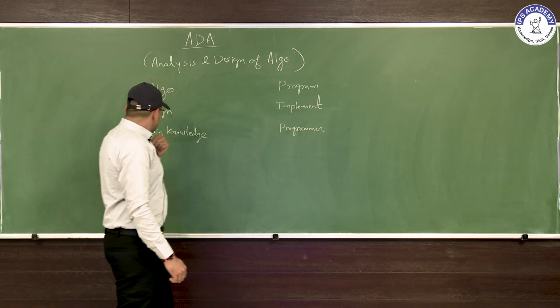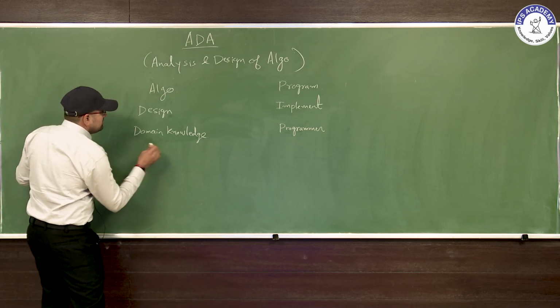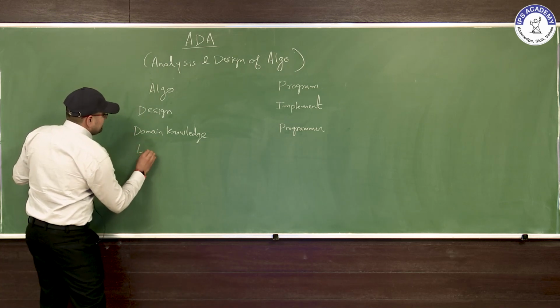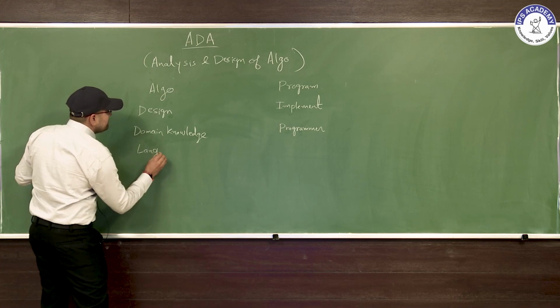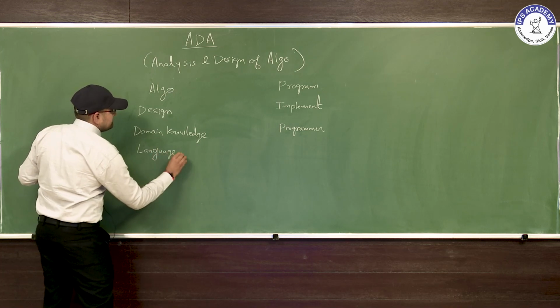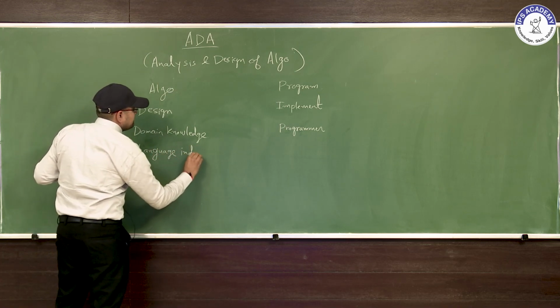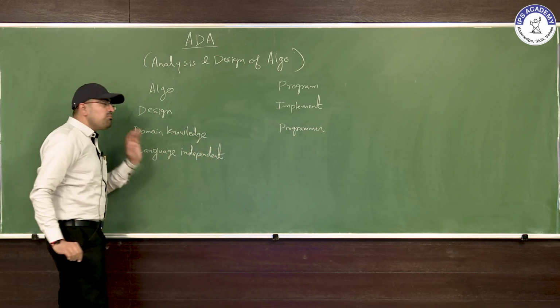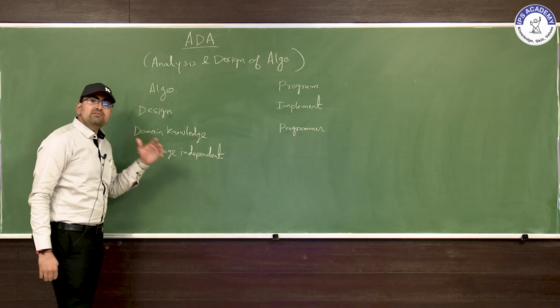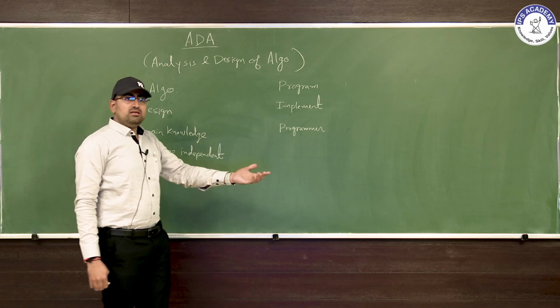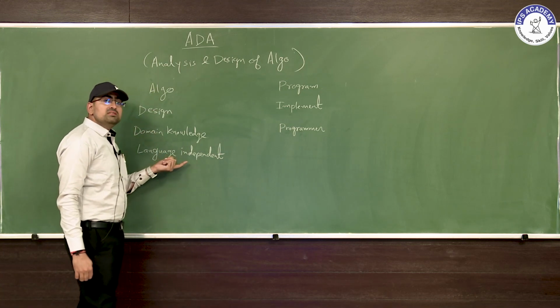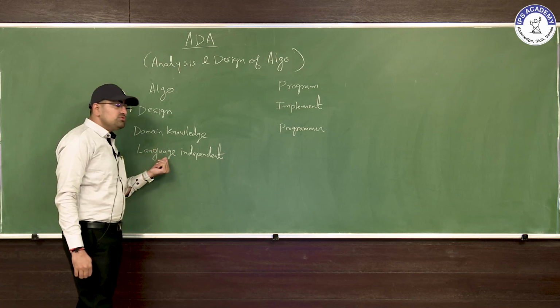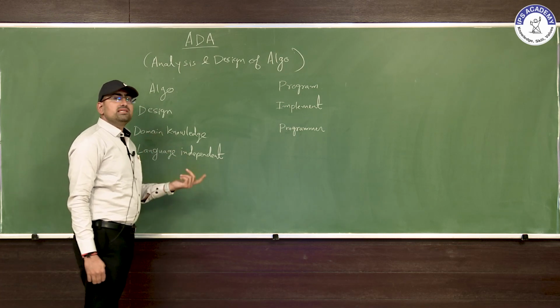Okay. So third thing, here an algorithm is language independent. Right? There is no bar for the language. Any language which can be understood by the person in front of us can be used for writing or designing an algorithm.